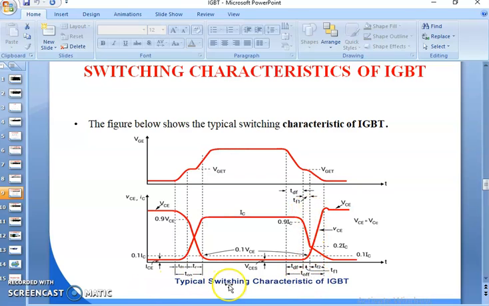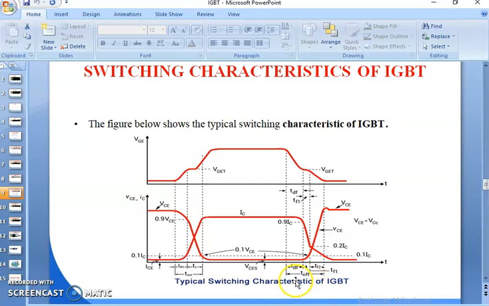So the entire switching characteristics curve, now study this curve in two different modes, that is the on process and the off process. The total turn on time of the IGBT is divided into two sub intervals, that is TDN plus TR. Similarly, the total off process of the IGBT is divided into two different intervals, that is TDF plus TF.